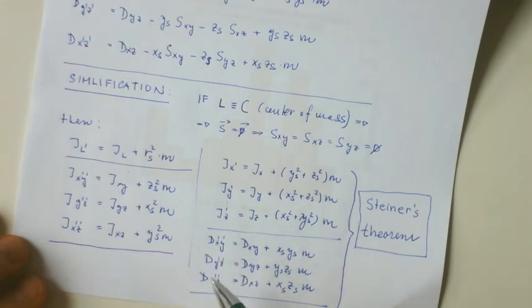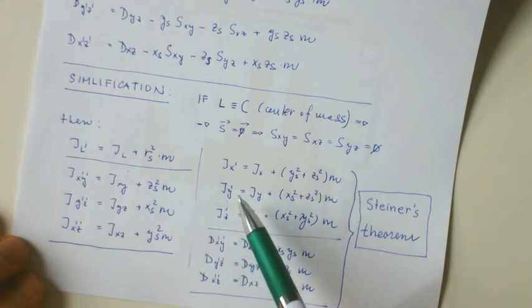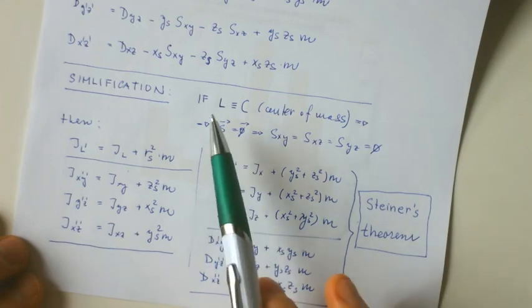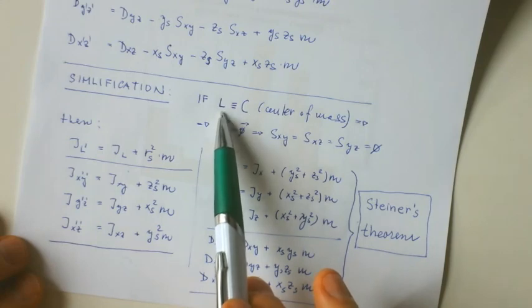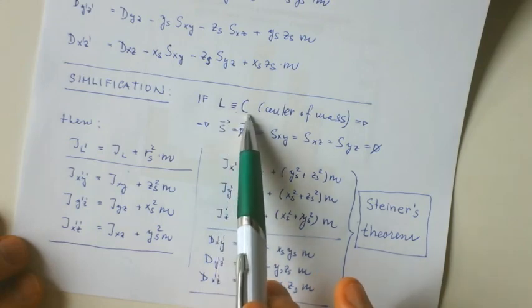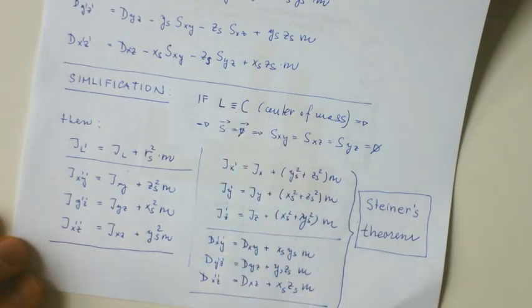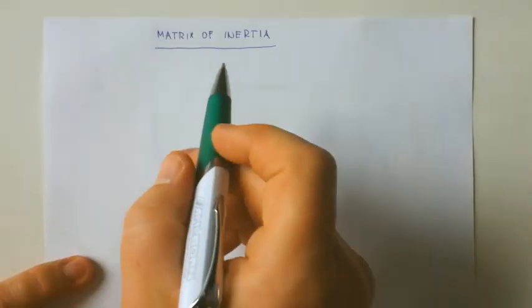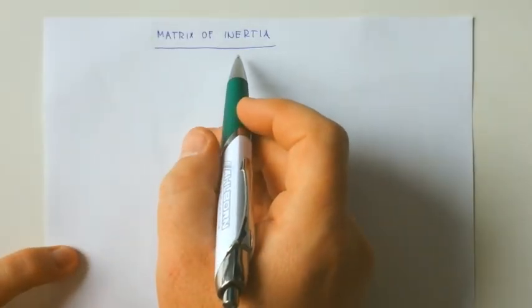Okay, so if we recalculate the mass properties of a body, we are very glad if one origin of the coordinate system is equal to the center of mass. And how does the matrix of inertia look then?